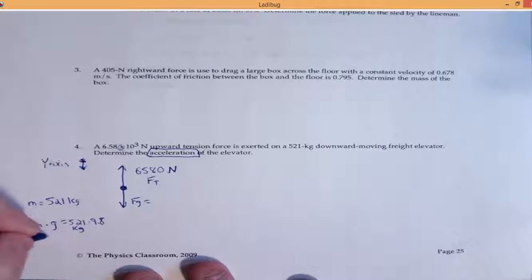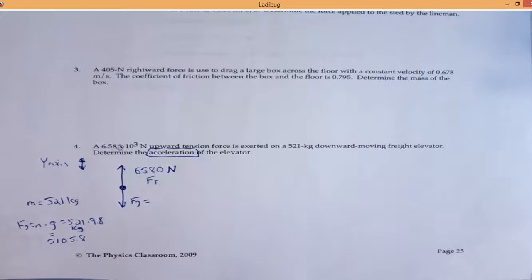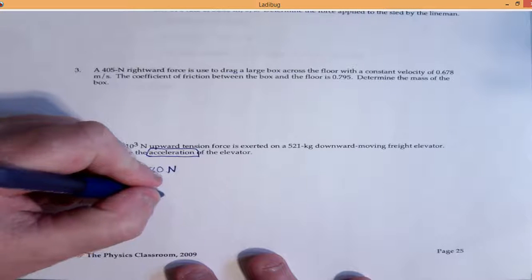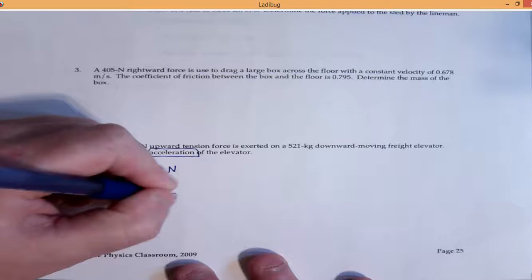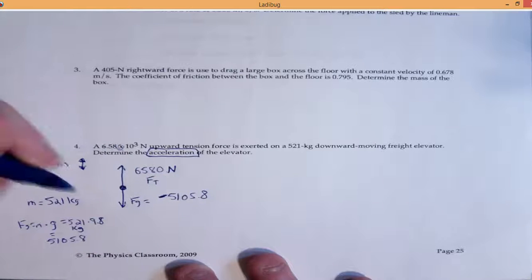Kilograms. Which is going to equal 5105.8. Okay, so our force of gravity in this case is negative 5105.8. And I just put negative to indicate that it's downward.